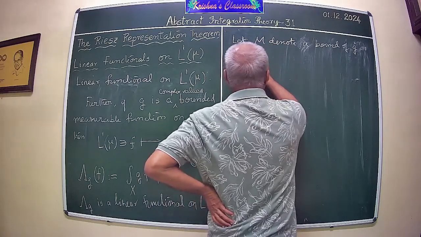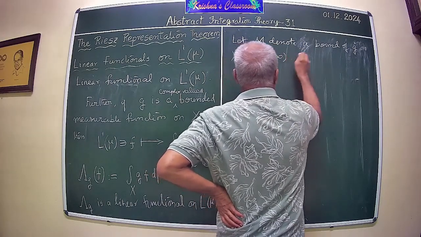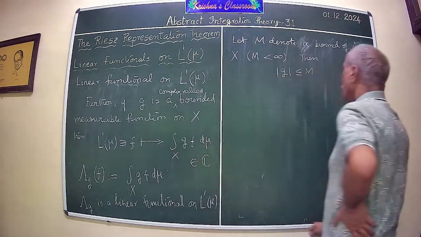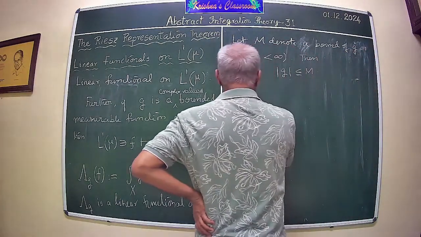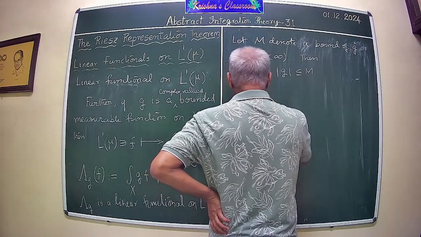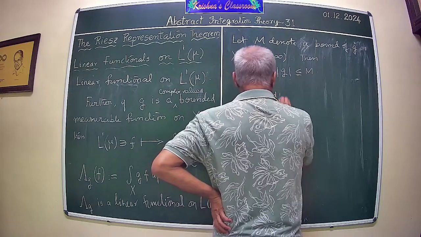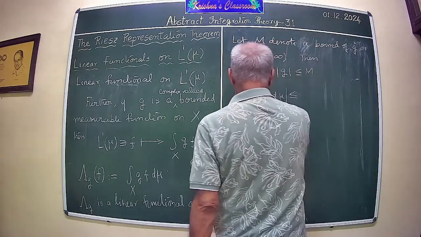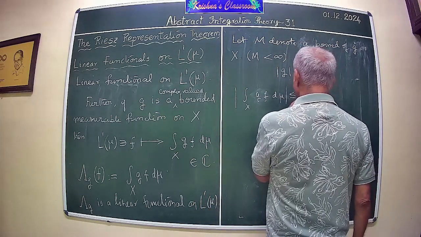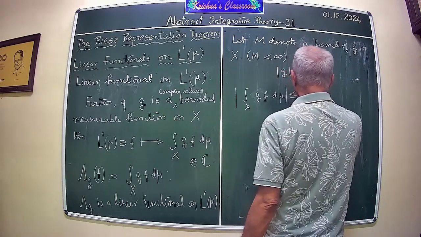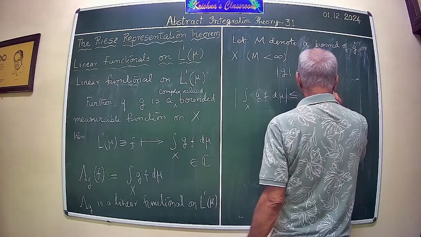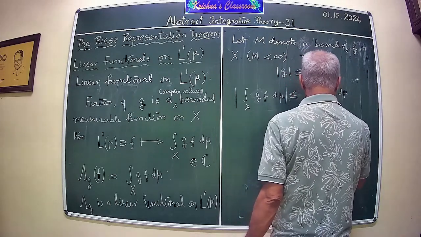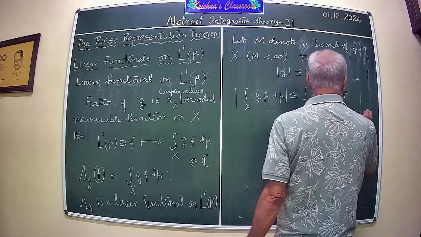Then we have mod G is just bounded by M. Now you see that the integral over x is finite.